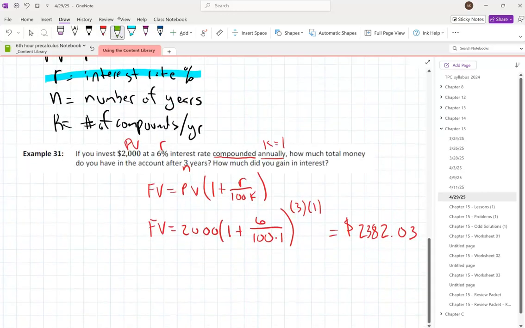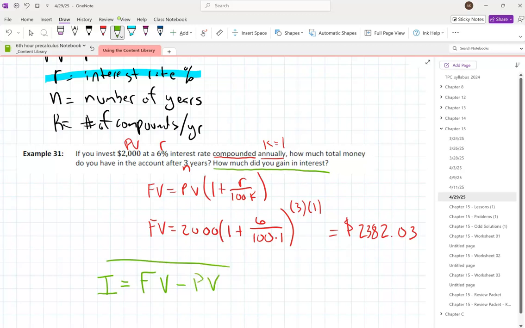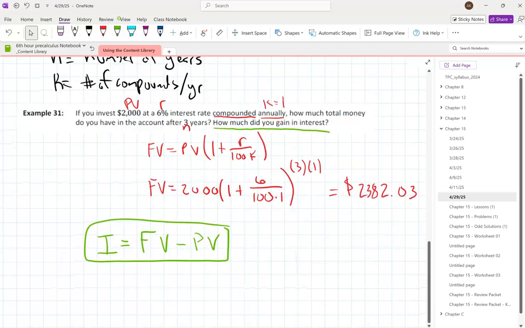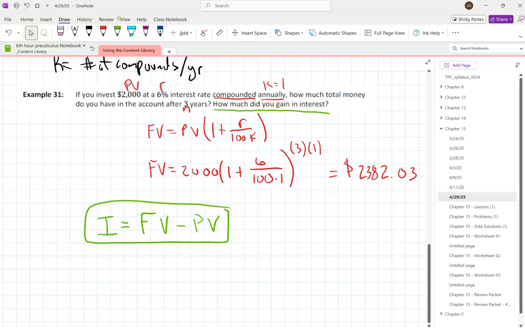It also asks an additional question. How much did you gain in interest? Well, if I ended with $2,382.03 and I started with $2,000, the difference is just going to be the result of interest, right?